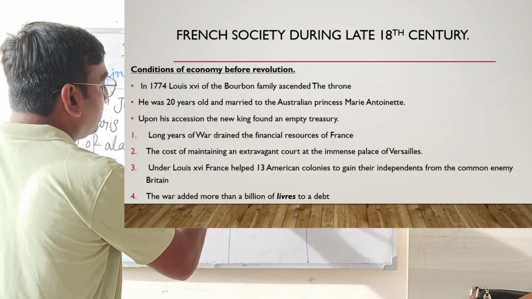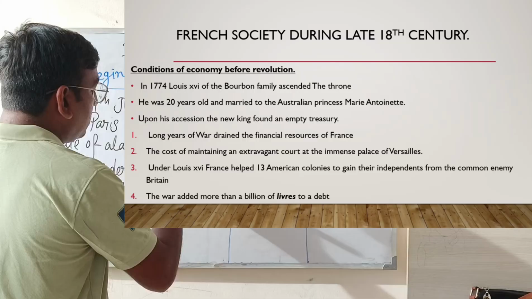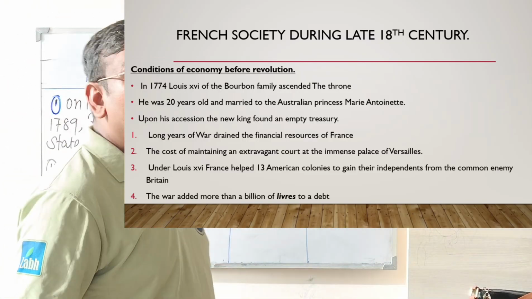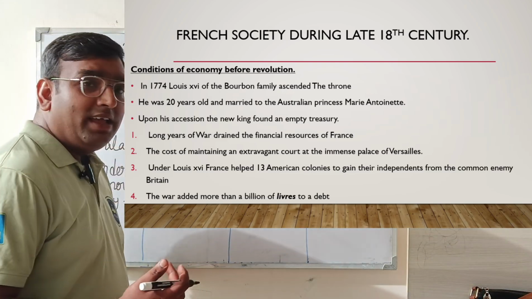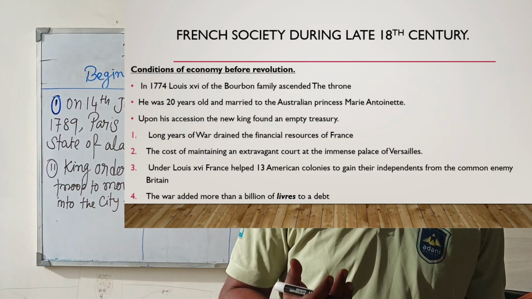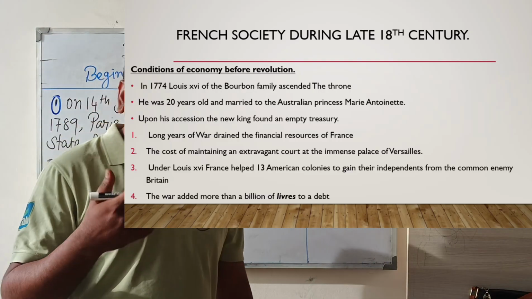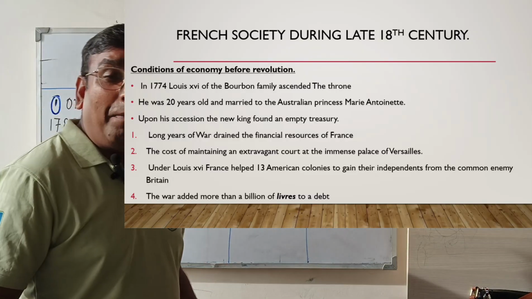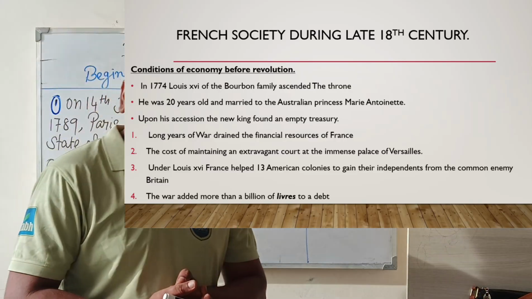First point. Number two: when the Bourbon king Louis XVI ascended the throne, he was just 20 years old, and he was married to the Austrian princess Marie Antoinette. Understood? Marie Antoinette. Upon ascending the throne, the new king found an empty treasury.